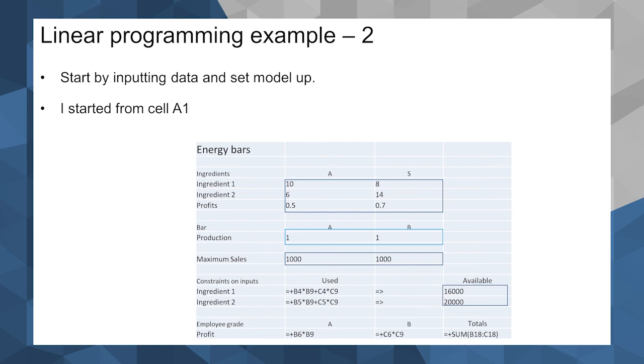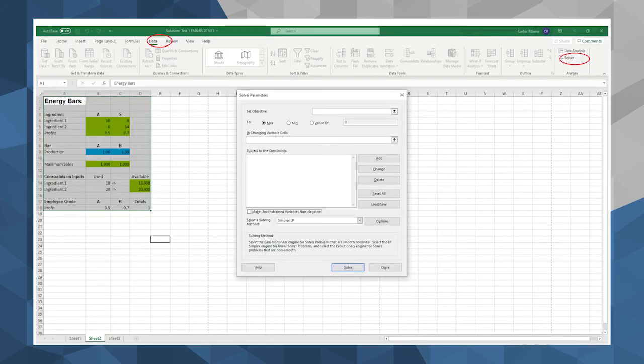And Excel does it by using something called Solver. And you can see that dialog box says Solver parameters. Now Solver is an add-in to Excel, which is not necessarily always visible, but is always available.